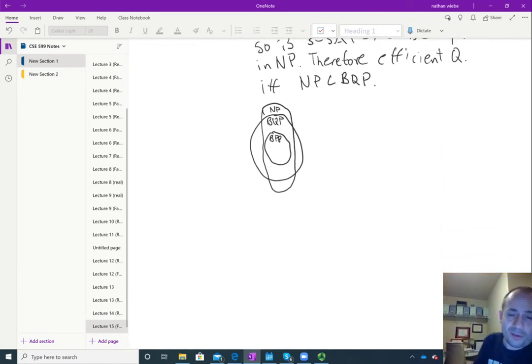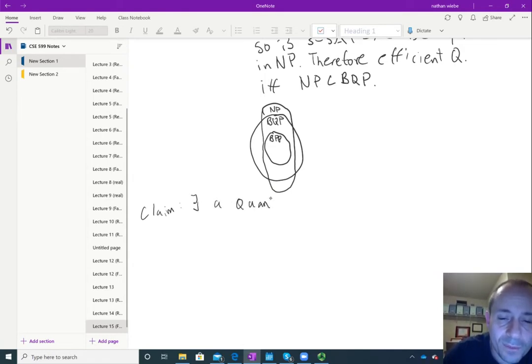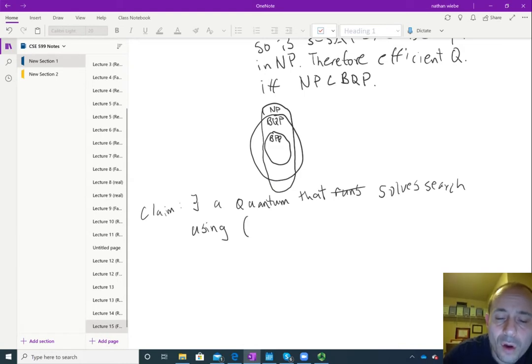The ultimate claim that we'd like to make is that there exists a quantum algorithm that solves search using order root 2 to the n, or in general, let's change this to capital N, queries.